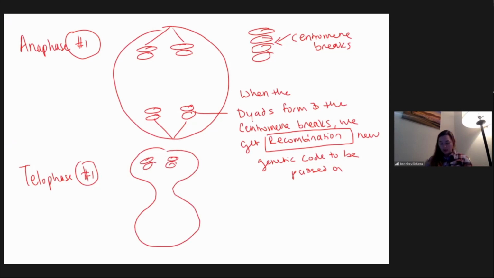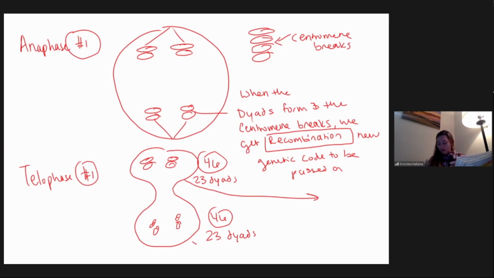We have dyads on one side and dyads on the other. Okay, so this is 46 as 23 dyads, and this is 46 as 23 dyads. So that's everything for PMAT number 1. But instead of going through another S phase, these both will go straight into PMAT number 2.